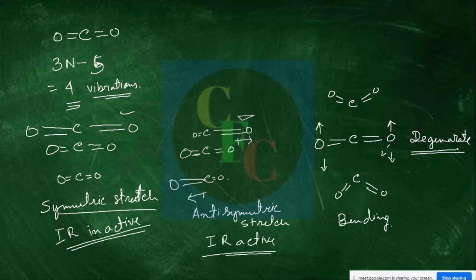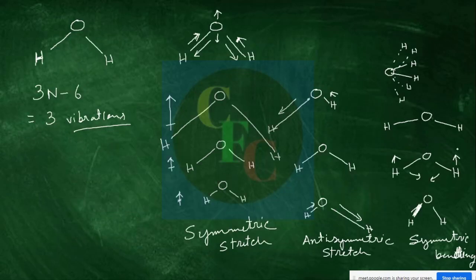Right? So as we go from non-linear to linear, we see there is one extra vibration. See why this extra vibration has come. This is due to this one. Here we consider this as rotation, isn't it? This is rotation because this is non-linear.